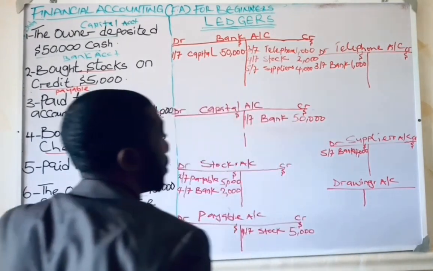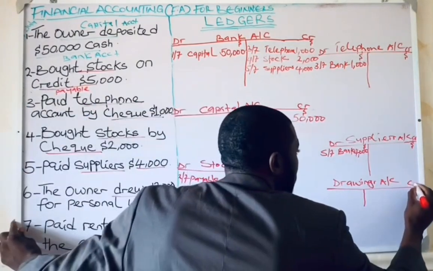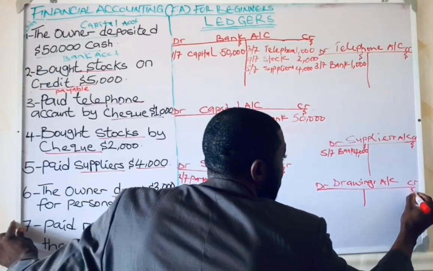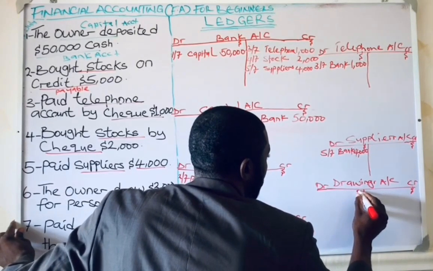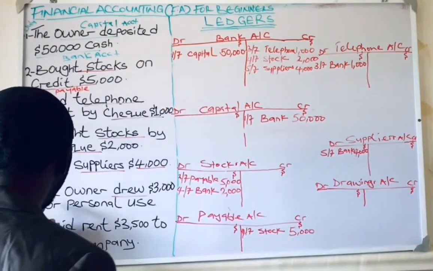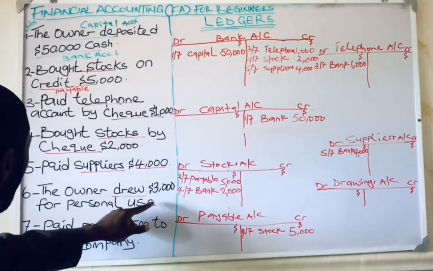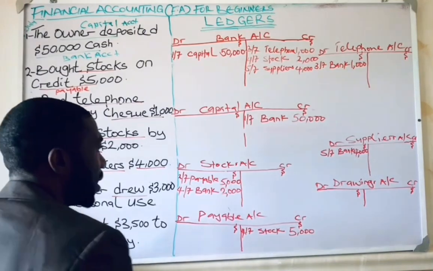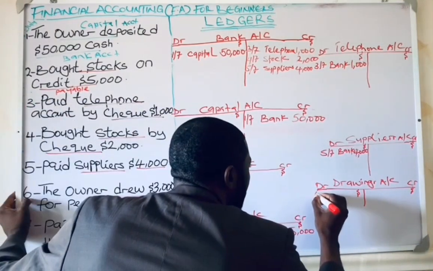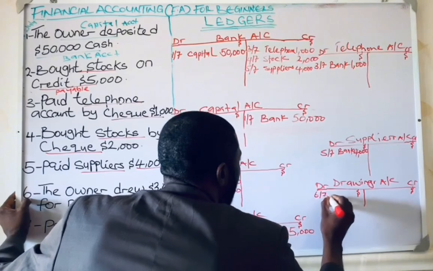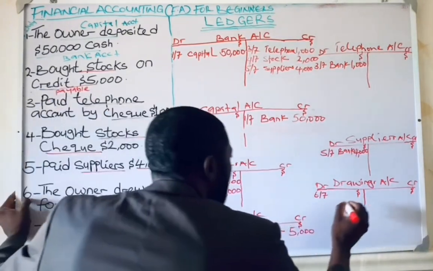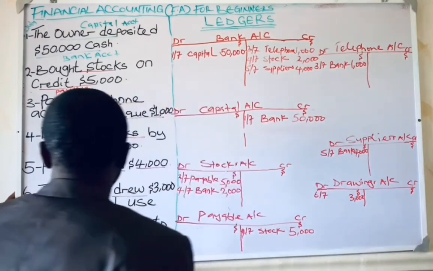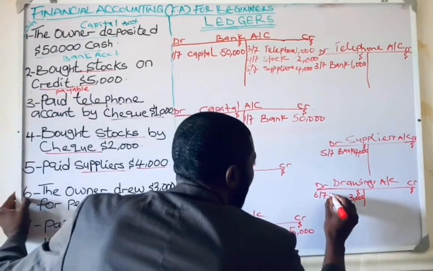Drawings account, your credit side and your debit side, your currency. The owner drew $3,000 for personal use on the 6th of July. That is bank. Bank is paying.